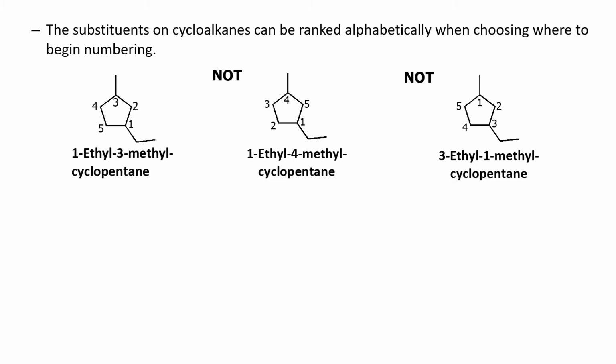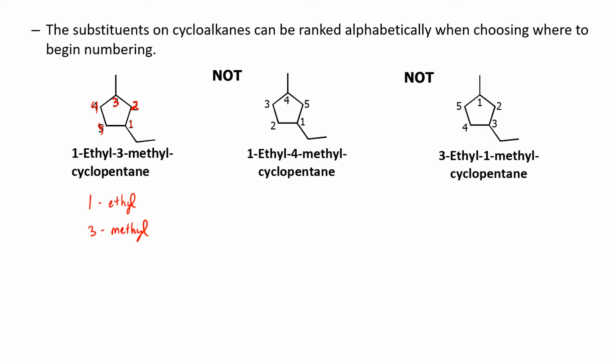Okay, the substituents on cycloalkanes can be ranked alphabetically when choosing where to begin numbering. Again, let's say we have the following compound and we want to choose the correct numbering system. If I went counterclockwise around the ring, then I get 1, 2, 3, 4, 5. That puts my first substituent at a 1, so that would be a 1-ethyl, and then I have a 3-methyl.